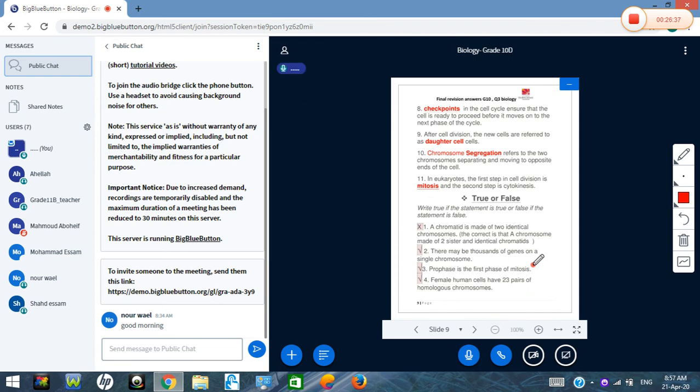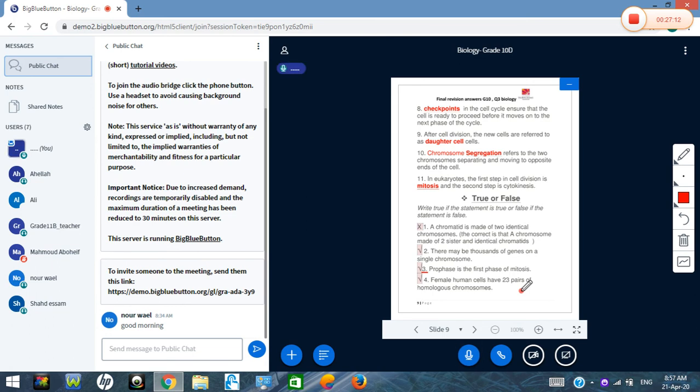And we say that we have from 60 to 80,000 genes in human chromosomes. Number three, prophase is the first phase of mitosis. It is right. The first one prophase, second one metaphase, third one anaphase, and the fourth and last one telophase.